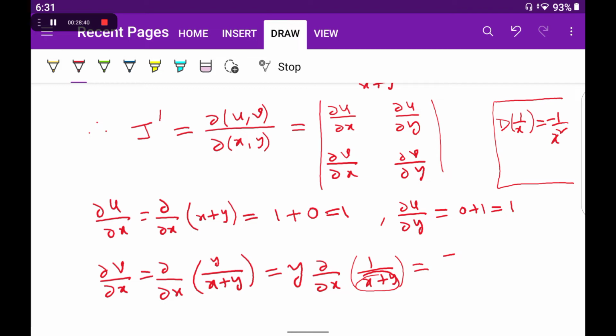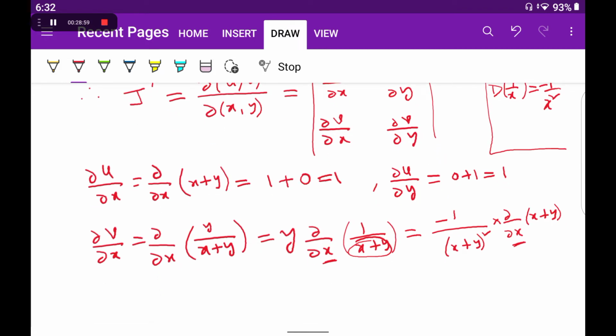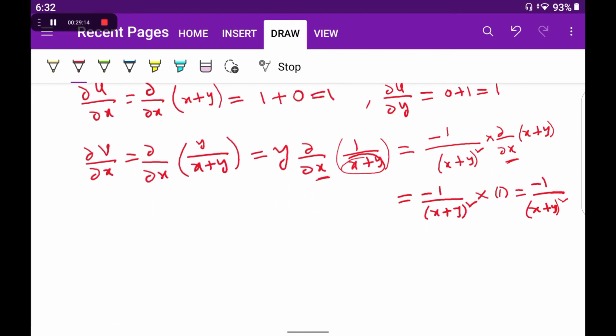Derivative of 1 by something is minus 1 by something square into derivative of that something with respect to x. We have to write dou by dou x here. Now this is minus 1 by x plus y whole square into 1. So minus 1 by x plus y whole square. So this is dou v by dou x.